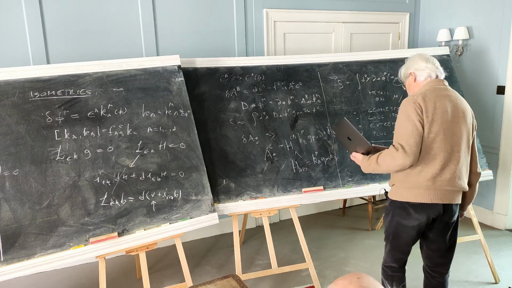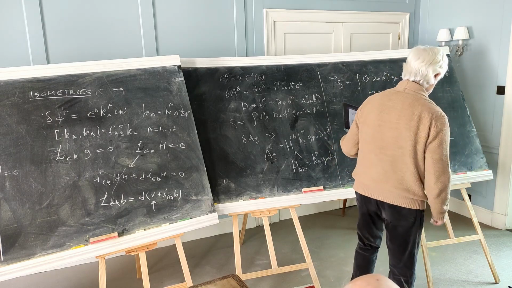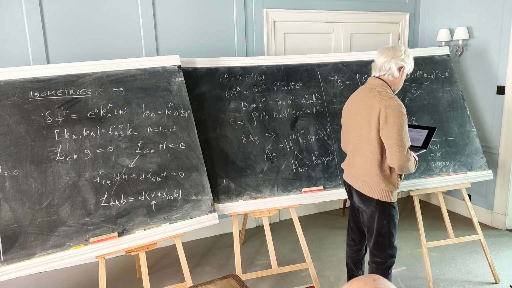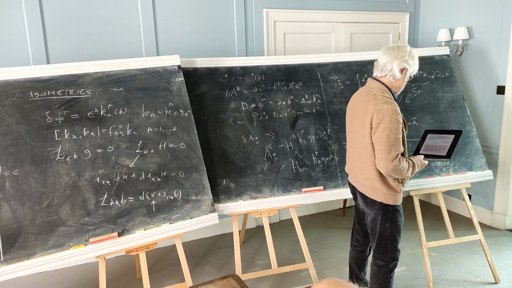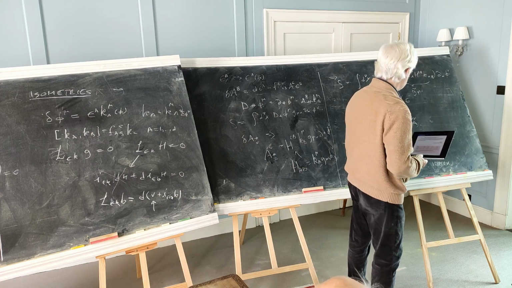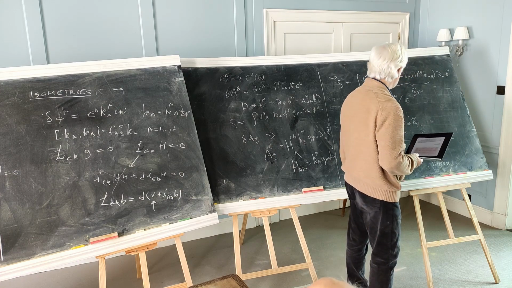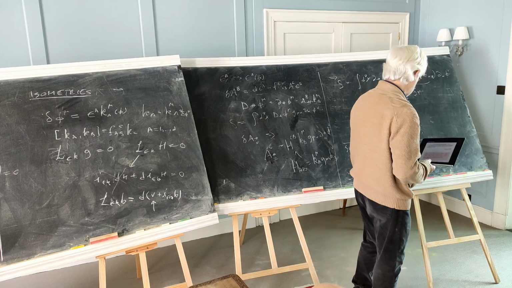So the whole project then is to understand how you gauge a Hyperkähler manifold or a Hyperkähler symmetry, which is a 4-4 supersymmetry of an action of a sigma model.